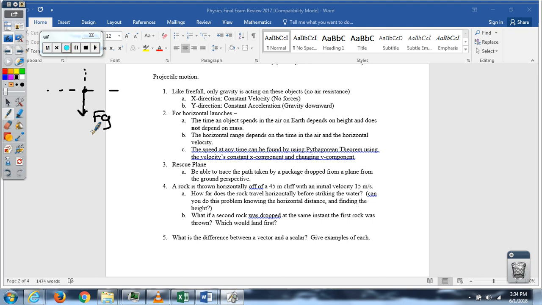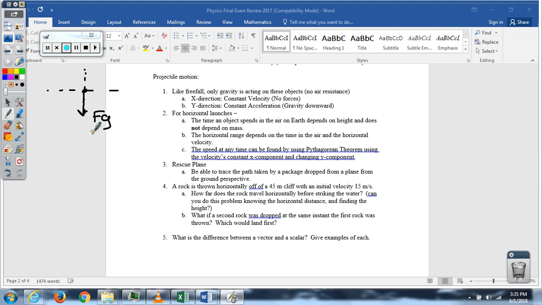The big one that we are ignoring, which sometimes misleads a lot of people, is air resistance. Air resistance is a very important force, oftentimes really hard to describe, because air resistance is determined by many different factors.